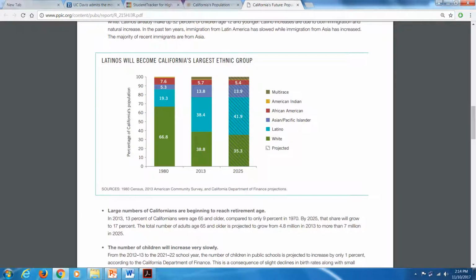Then from 2012-2013 to 2021-2022, in this nine or ten year period, the number of children in California public schools is projected to increase by 1%. But when we are giving these numbers, we do need to keep immigration in mind, which is a very big wild card in how these numbers are counted. So let's keep moving.